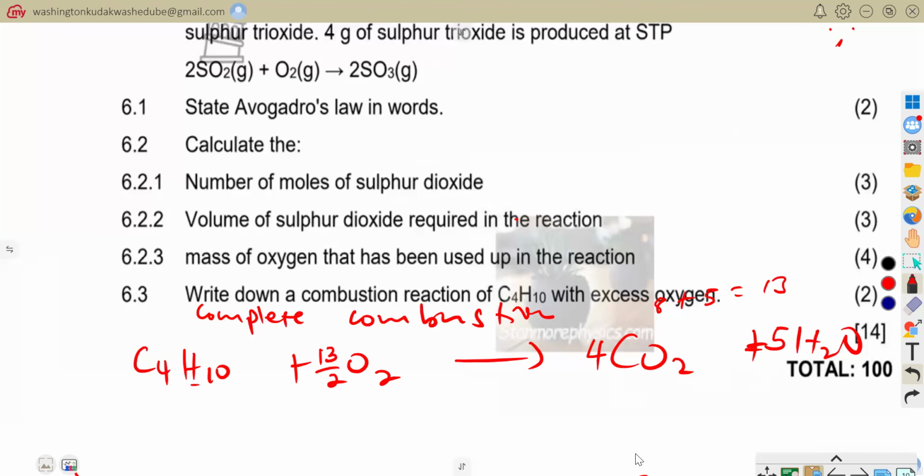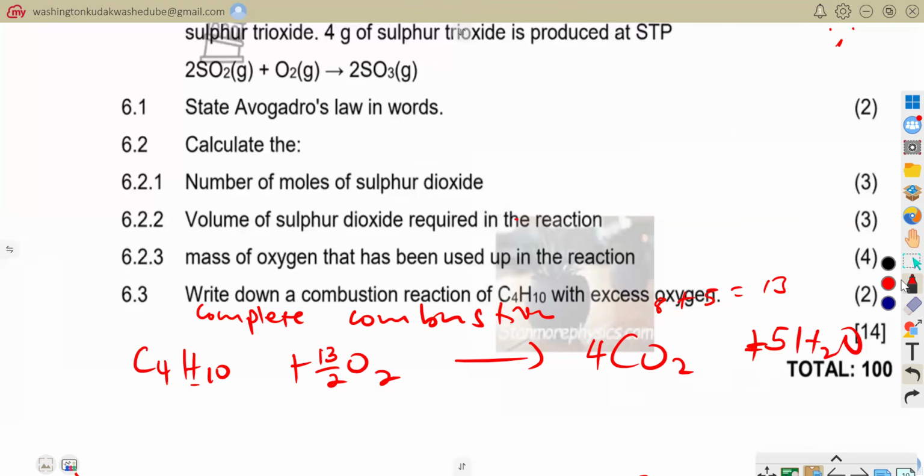So what you need to know is how your reaction of hydrocarbons is with excess oxygen. It's complete combustion. And then after complete combustion, you need to balance this reaction. Since they said just write down the combustion reaction, they didn't say balance.